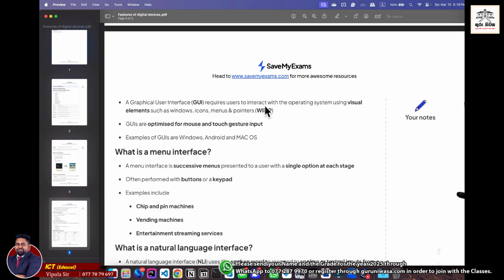We have an abbreviation known as WIMP: windows, icons, menus, and pointers. Now here, this is my pointer, and you are looking at a window where I have this PDF file opened and we are just going through it, right? So this is all part of the graphical user interface.